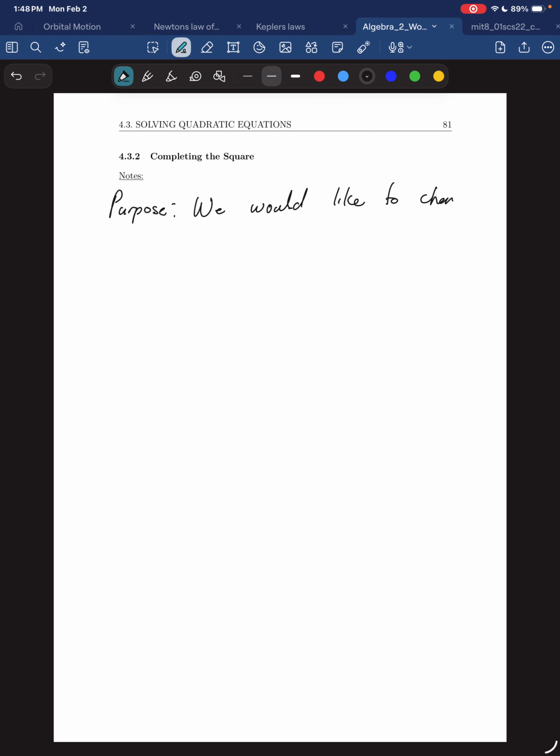So, anyway, what's the purpose of completing the square? We would like to change the format of our quadratic. Our quadratic equation is given by ax squared plus bx plus c equals 0.